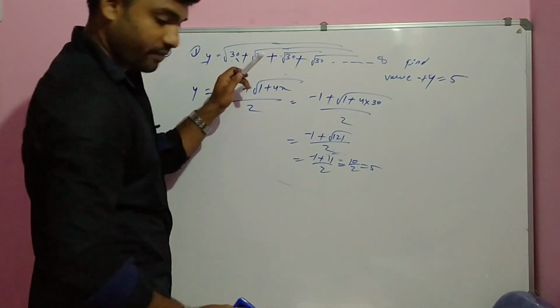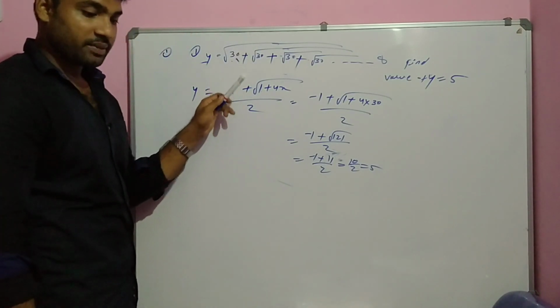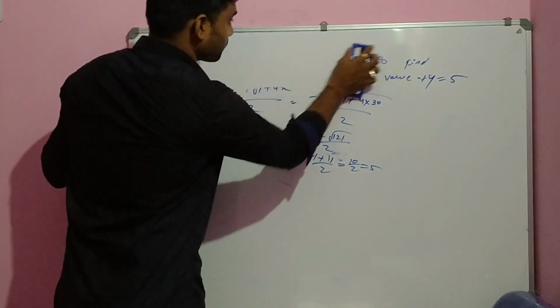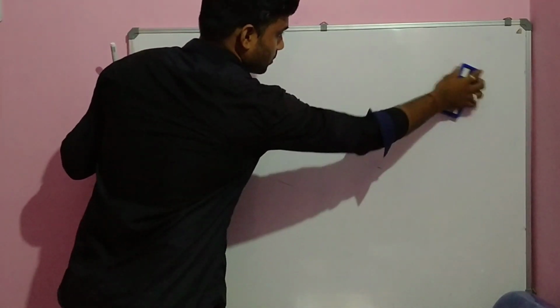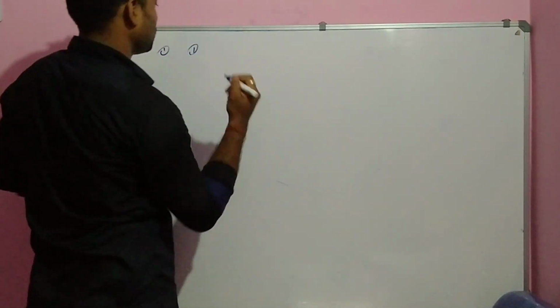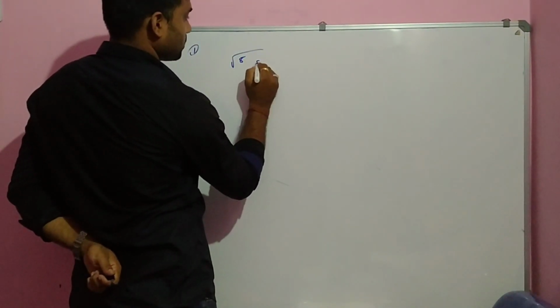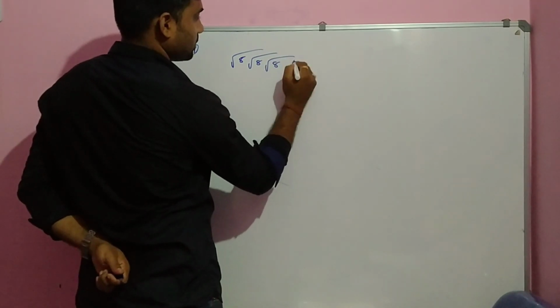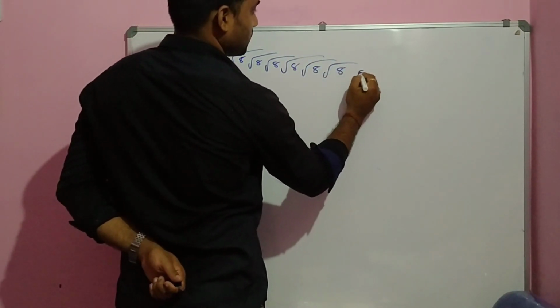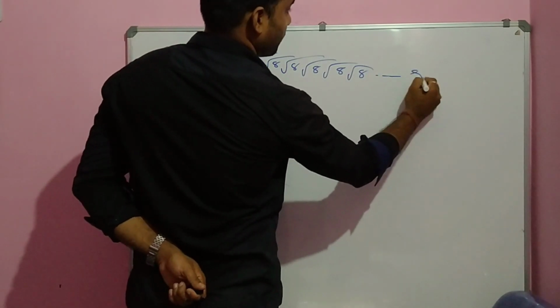If a multiplication is given, suppose under root of 8 times under root of 8 times under root of 8, and so on infinitely.